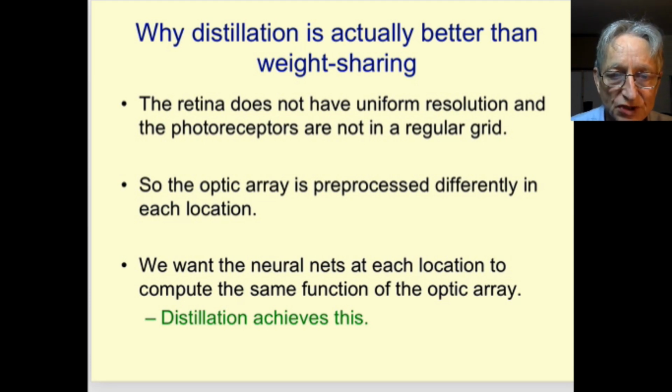And what you want in one of these bottom-up neural nets is not a model that is specific to how that part of the optic array was pre-processed. You want the different neural nets to implement the same function from the optic array to the output. And with co-distillation, they're doing that. Co-distillation can transfer knowledge from one column to another column, even if the columns pre-process their input quite differently. That's something you can't do with weight sharing.